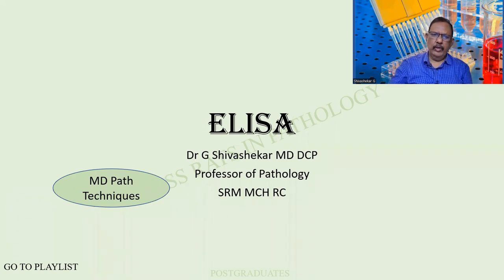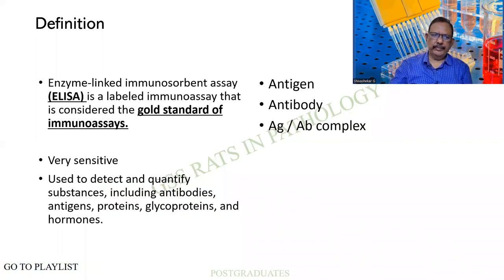Enzyme-linked immunosorbent assay. It is a labeled immunoassay and is considered the gold standard of immunoassay. Assay means measurement, and there are some terms which we should be familiar with. Antigen: it is a substance which, when introduced into the body, leads to the production of antibodies.